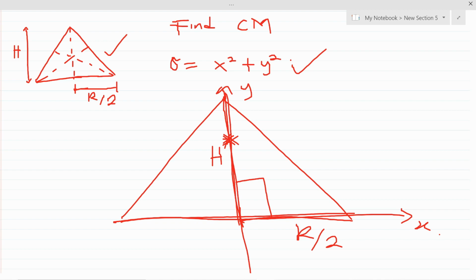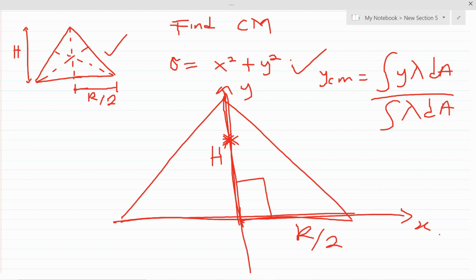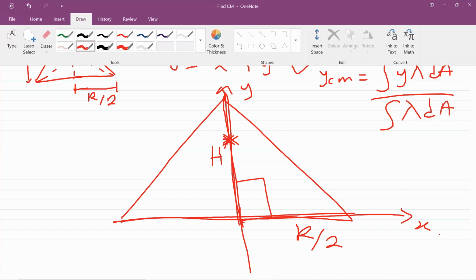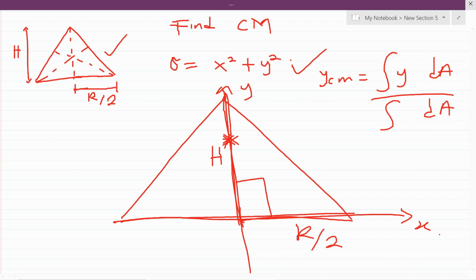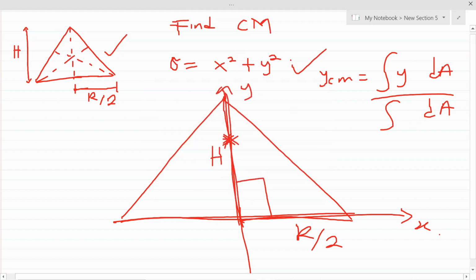So the YCM is always given by an integral of y times lambda dA over integral of lambda dA, or sometimes it is sigma. Since in this question we're being given sigma, let's use sigma rather. The lambda is the density, so here the density is given as sigma, so forgive me about my sigma. That is the formula that we should use.